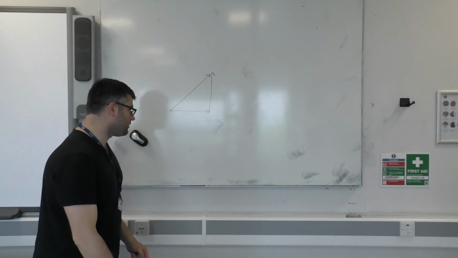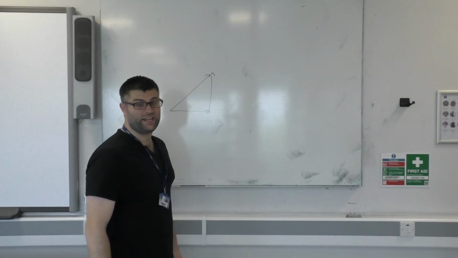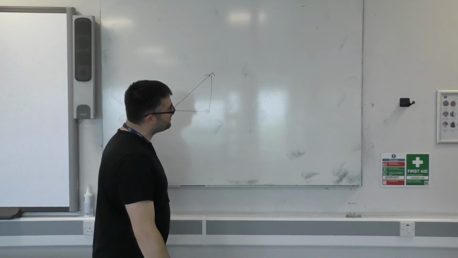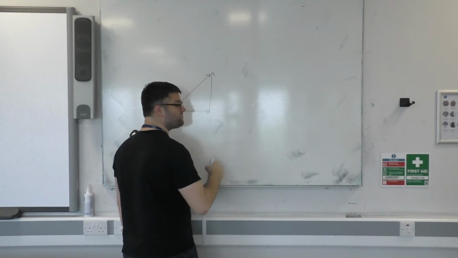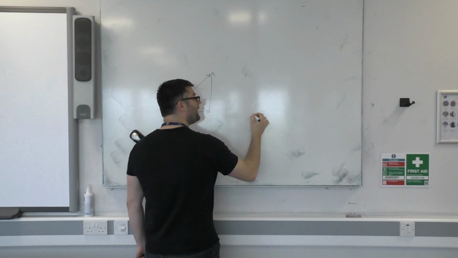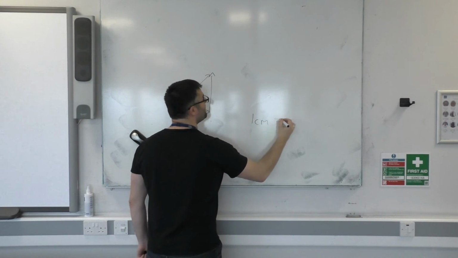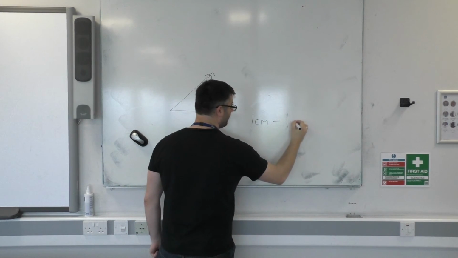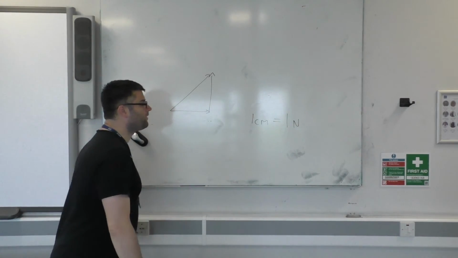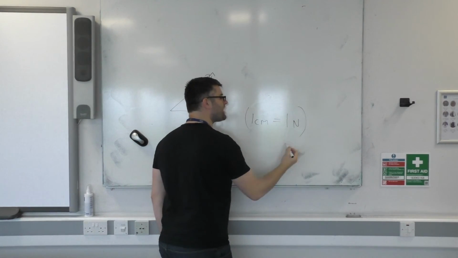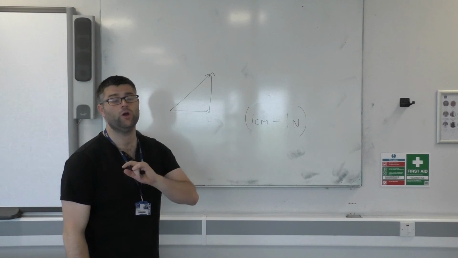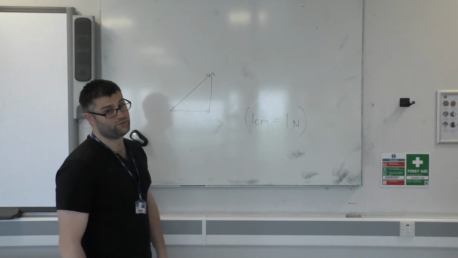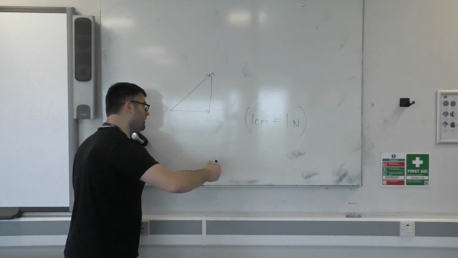Well, you do a scale drawing by essentially working out scale. So the scale here, I'm going to use a simple scale: 1 centimetre is equal to 1 newton. And it's important to write your scale on there, because it shows the examiner what you're planning on doing, and they can then measure it themselves.